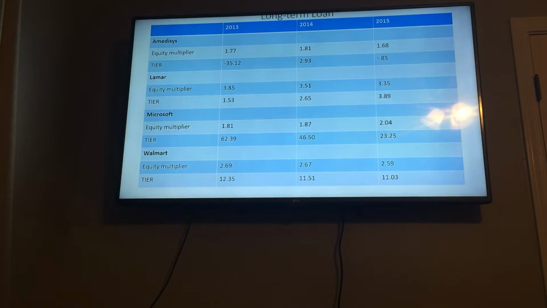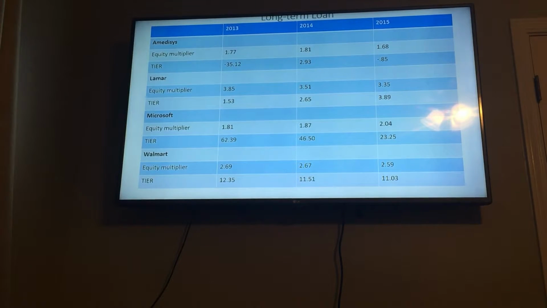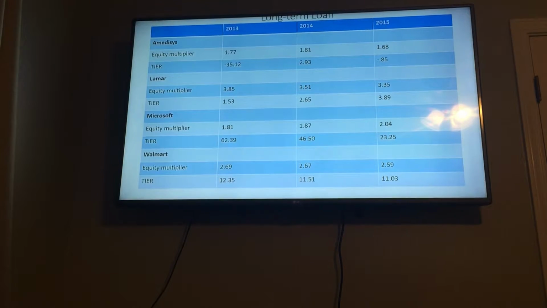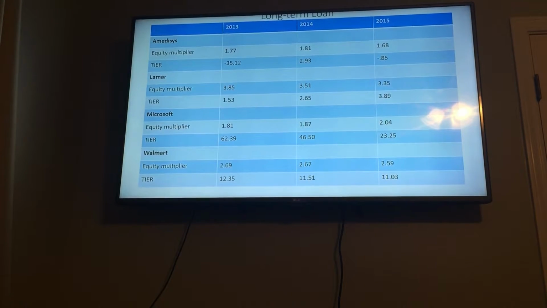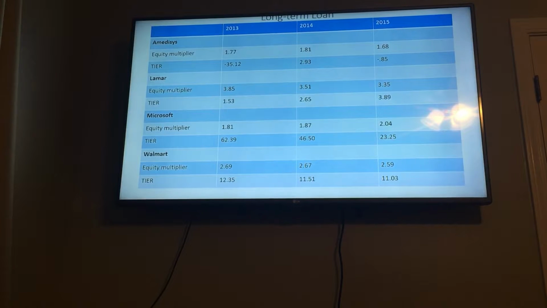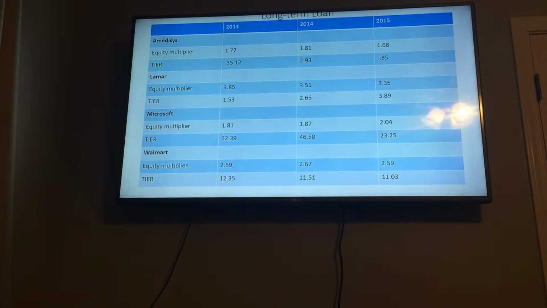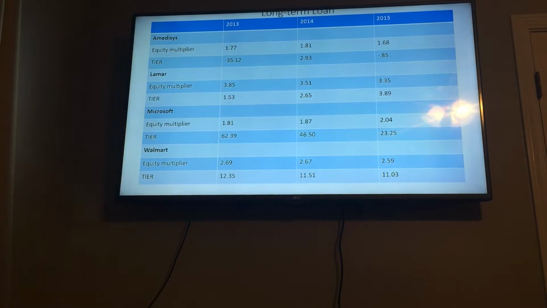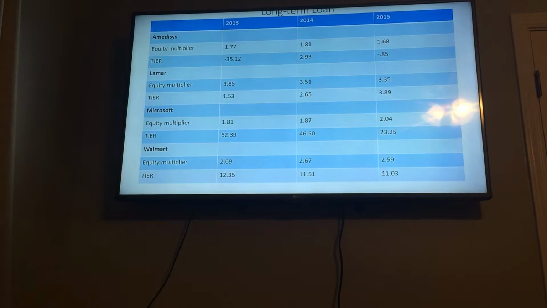Microsoft, the equity multiplier has a slight increase over the years, but it's nothing too dramatic. It's not going to make that big of a difference. But the times interest earned, as you see in 2013, it's 62.39, 2014 46.5, and in 2015 it is 23.25.